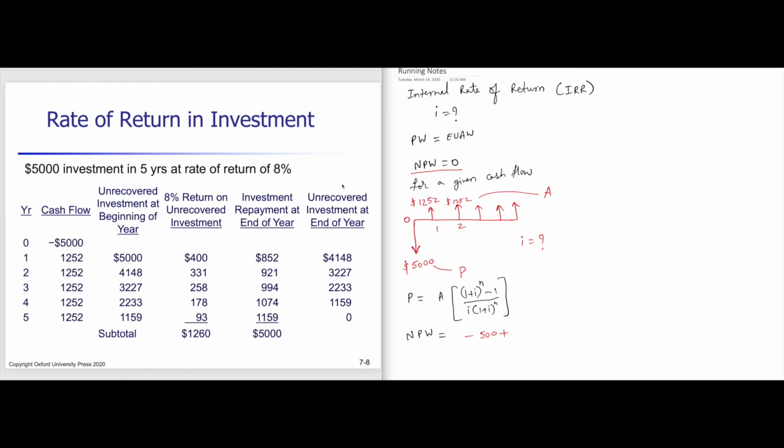I'm sorry, it's a typo. Okay, so it's a negative 5000 plus A times, which is 1252, times 1 plus I to the power n, n is 5, minus 1 over I times 1 plus I to the power of 5, right? So this is the net present worth, and we have to say this is equal to 0. So we have to solve this equation.